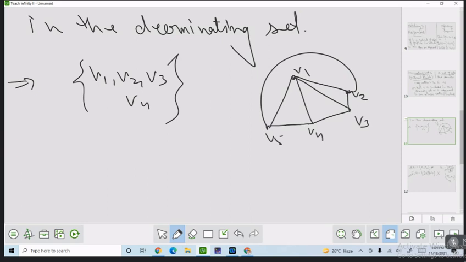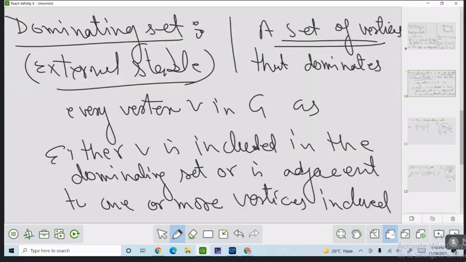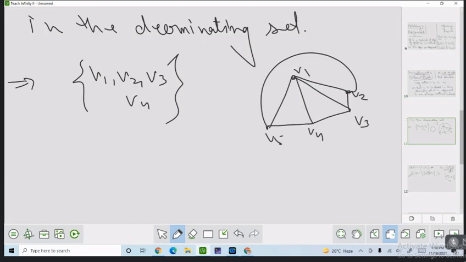V1 is dominating set. How? Either V is included in the dominating set or is adjacent to one or more adjacent vertices included in the dominating set. So this one is the dominating set, it is clear.